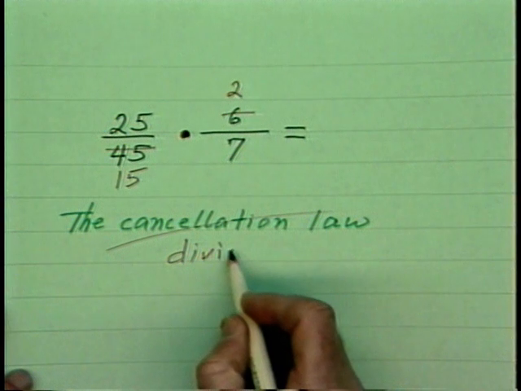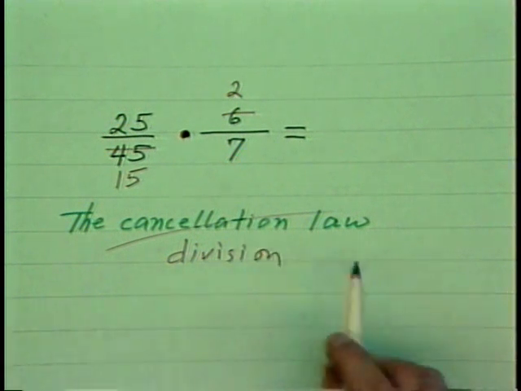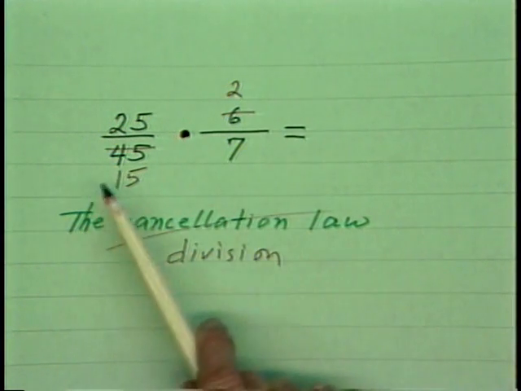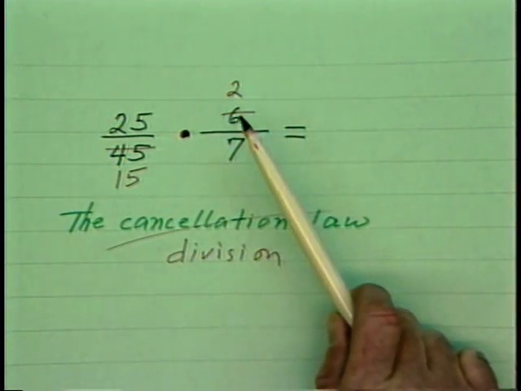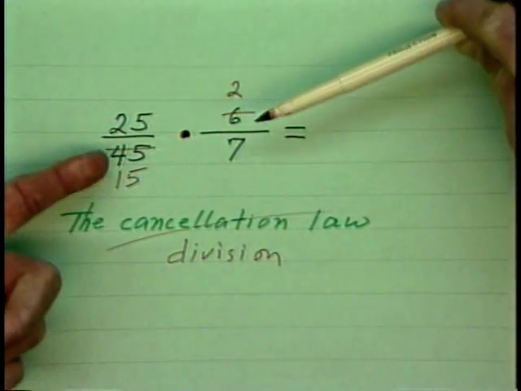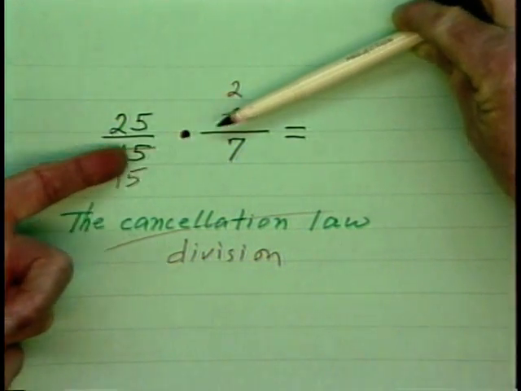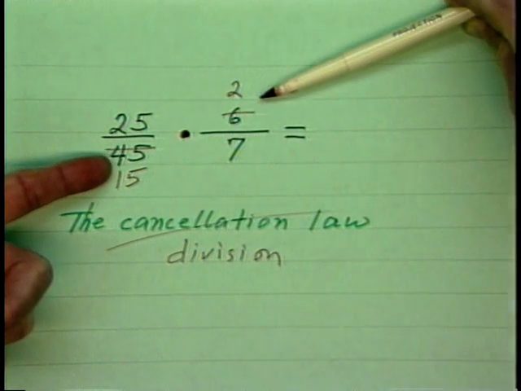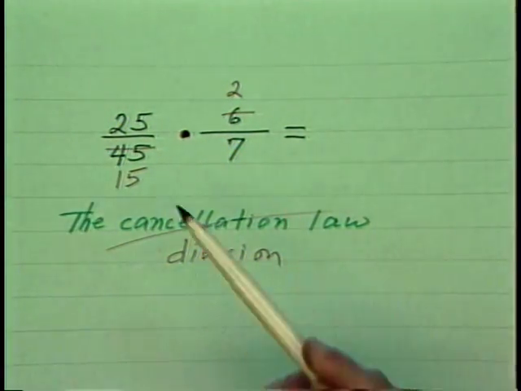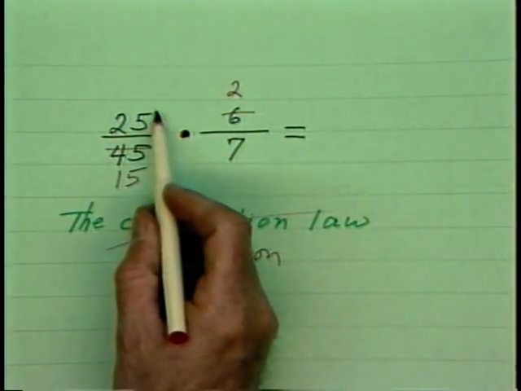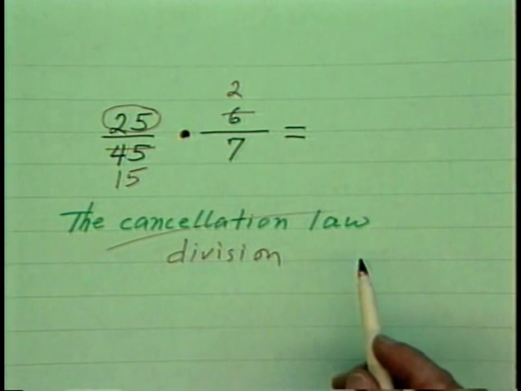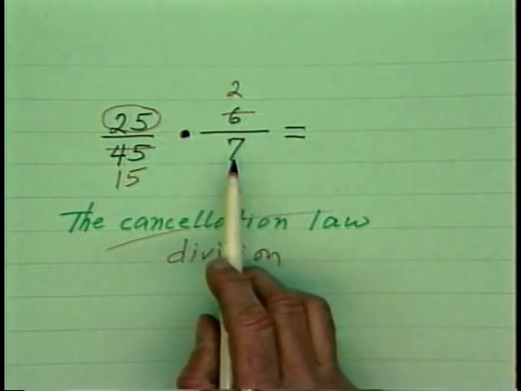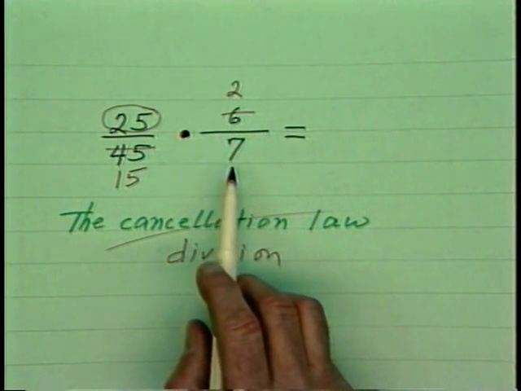Some students will mistakenly call this the cross cancellation law, because very frequently it's the division across that multiplication sign that grabs our attention first. But remember, the rule said I may divide any top number by any amount I want, providing I can find some bottom multiplier to divide by the same amount.